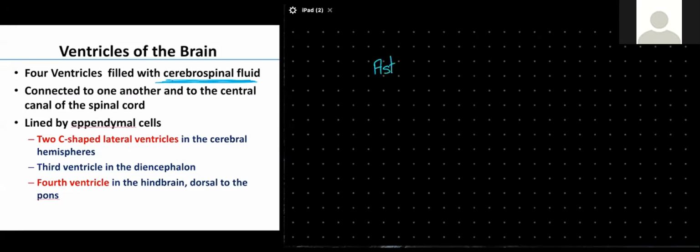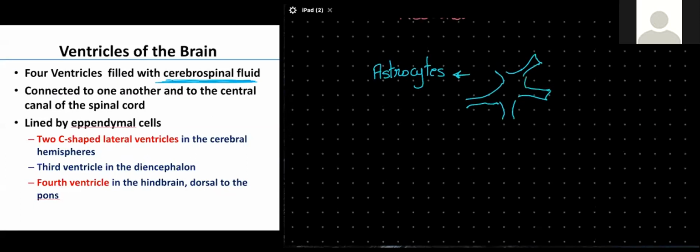We call those astrocytes. And what was the function of the astrocytes? Remember, it has arms that connect to the blood vessels and other arms that connect to the nerve cells. They act as a blood-brain barrier. They help with the metabolism of the nutrients.